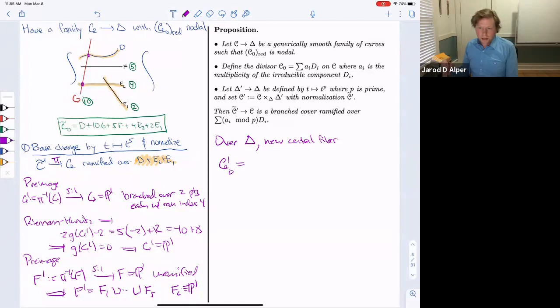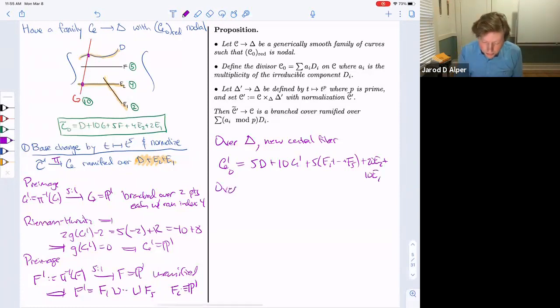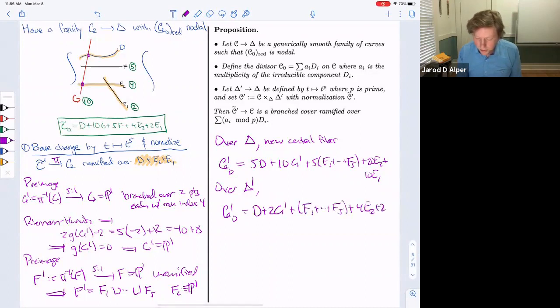It was ramified over D, so we pick up now 5 copies of D, and there's 10 copies of G prime plus 5 times the F primes, and then I have 4 E2, but that becomes a 20 E2 plus a 10 E1. But this was over delta. If we compute this over delta prime, I just divide everything by 5. I get D plus 2 G prime plus the sum of these plus 4 E2 plus 2 E1.